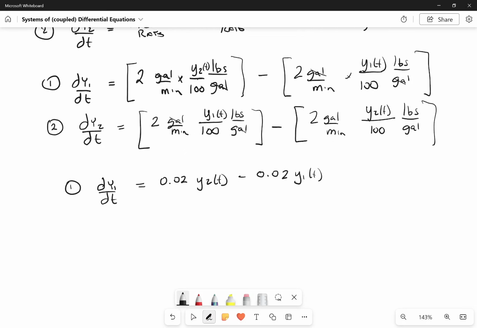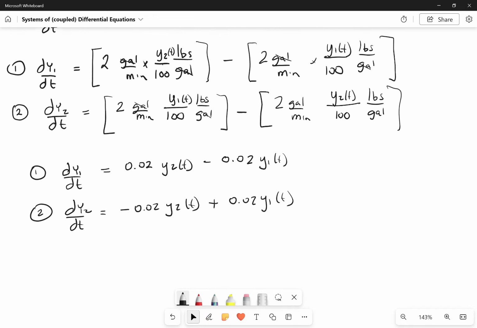That's equation number 1. Equation number 2 is exactly the same, except that we have y2 in the opposite position. I want to line them up nicely. So I'm going to put negative 0.02 y2 of t plus 0.02 y1 of t.